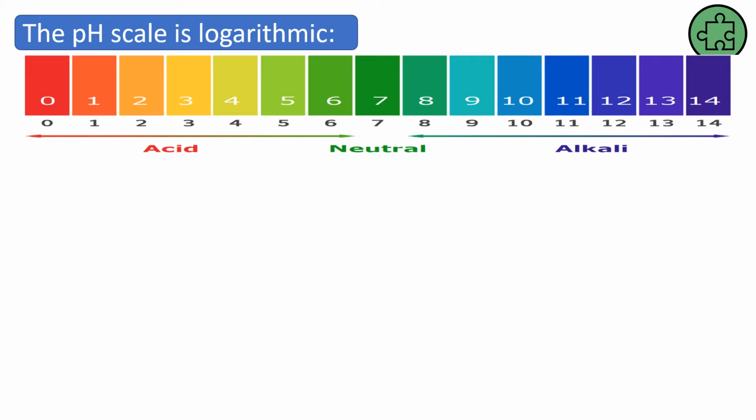Now what this realistically means is if I start at neutral, this jump here between 6 and 7 is 10 times as many hydrogen ions. So there are 10 times more hydrogen ions in pH 6 than there are in pH 7. And so we've dropped down 1 pH value, but we've increased by 10.